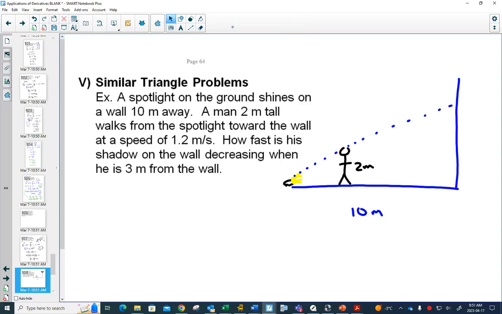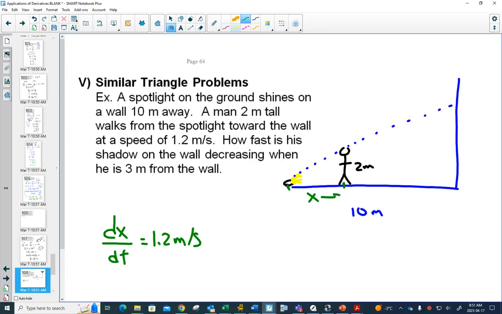I'm going to choose to make this distance from the spotlight to the man x, because we're told that he is moving away from the spotlight at 1.2 meters per second. Can you see that x is increasing, and so that 1.2 meters per second is going to be positive.